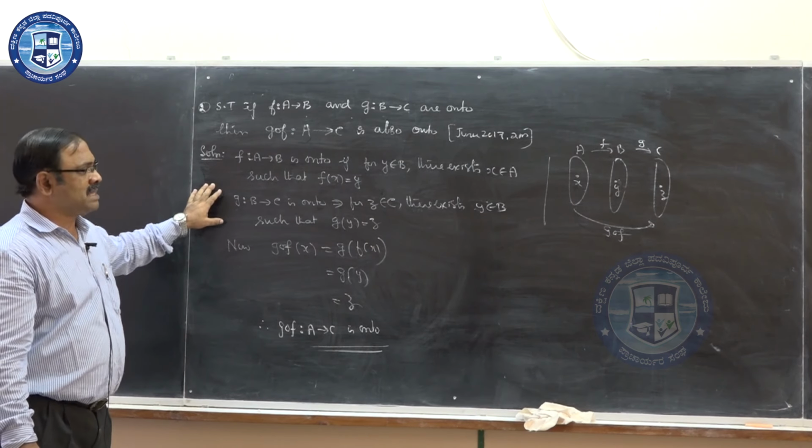Students, let us learn the last section of this relations and functions, that is binary operation. You may get sometimes a 1 mark or 2 marks question from this binary operation. So what do you mean by binary operation?